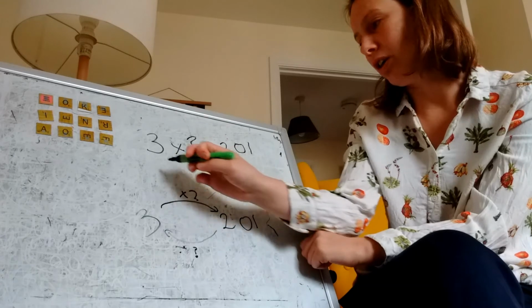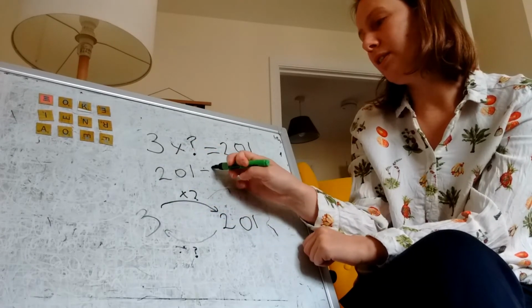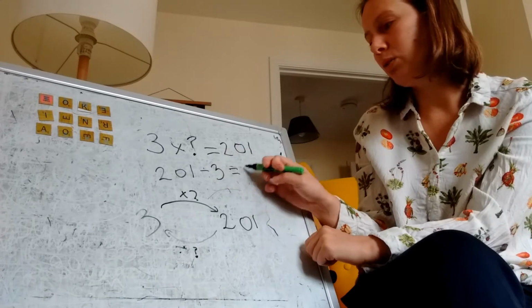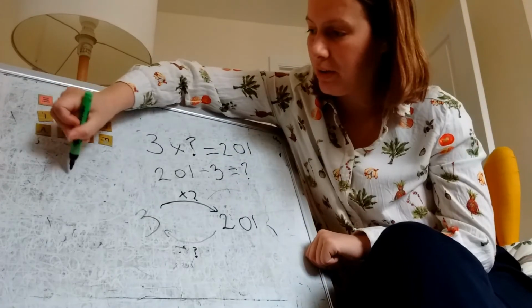I can solve 201 divided by 3 equals what? So let's very quickly do that.